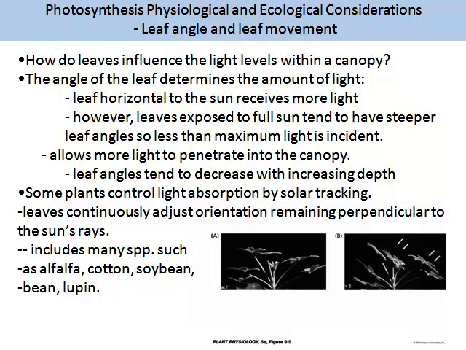Leaf angles tend to decrease with increasing depth. Some plants control light absorption by solar tracking, and this was first observed in sunflowers. Leaves continuously adjust orientation, remaining perpendicular to the sun's rays. This includes many species such as alfalfa, cotton, soybean, and lupin.